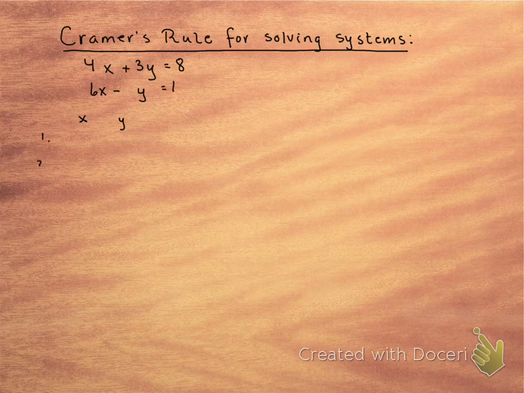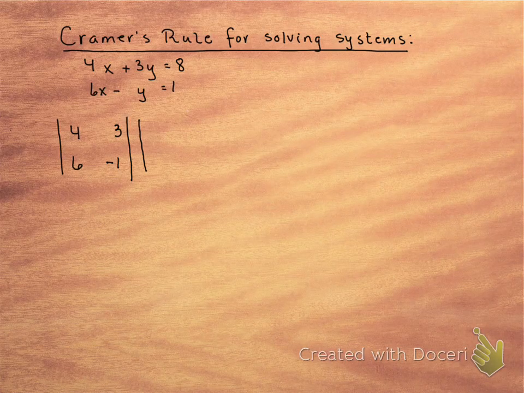So I'm going to get rid of all of that, and you will be able to follow. So under the X column, we have 4 and 6. Under the Y column, we've got 3 and -1, okay?